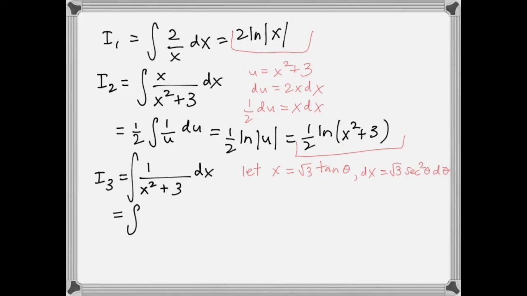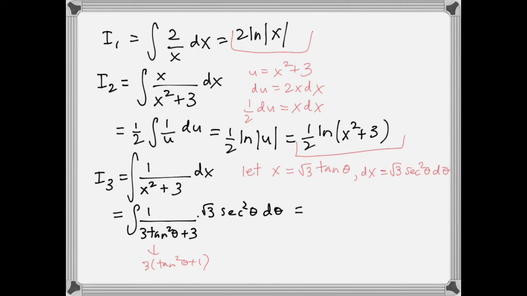So what do we get here? If you plug that in, you end up with 3 tan squared theta plus 3, and then the dx is square root of 3 secant squared theta d theta. What does the bottom become, right? If I pull a 3 out of this denominator, I get tan squared theta plus 1, which is actually secant squared theta.